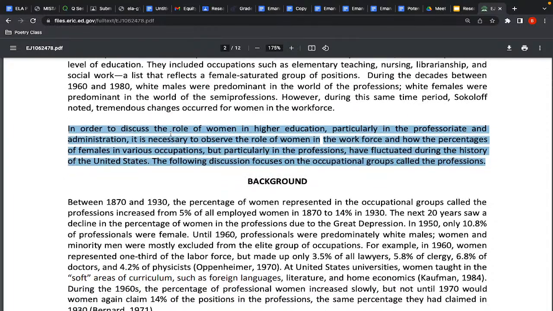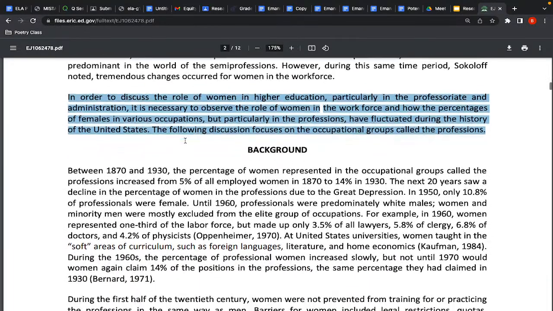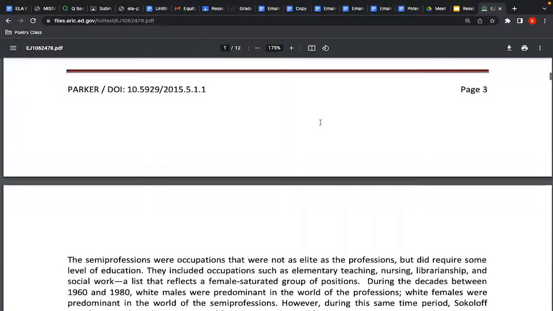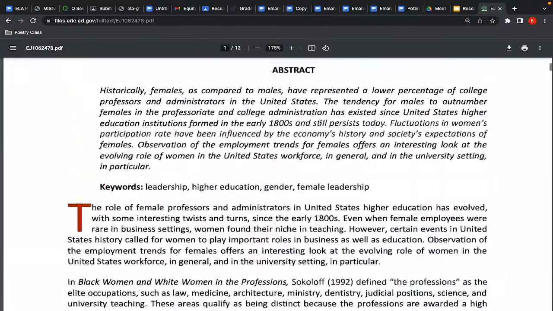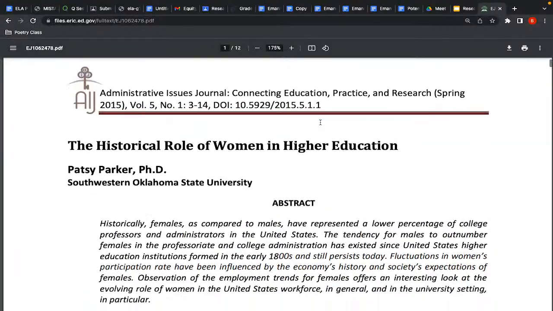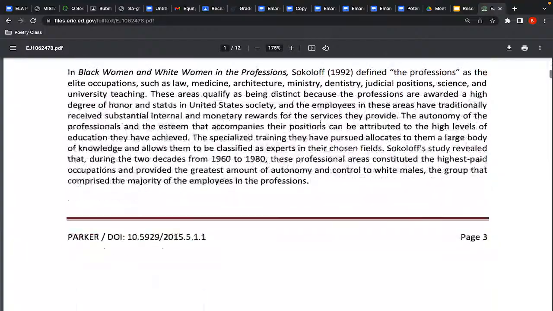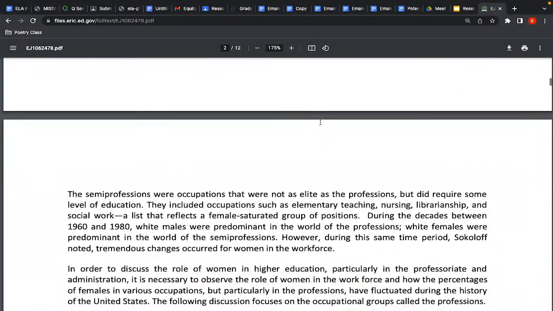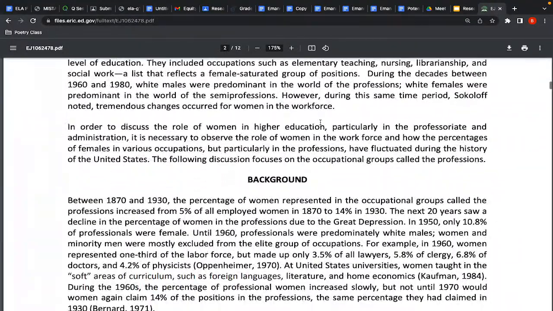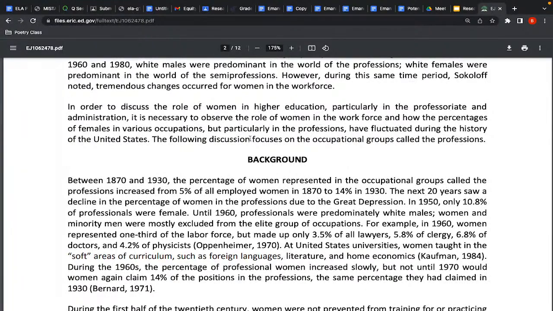Okay, so in order to discuss the role of women in higher education, particularly in the professoriate and administration, because remember the name of this article is, she's talking about women in higher education. So as teachers and, but she's taken the lay of the whole land. She's giving the whole picture before she talks about that specifically.